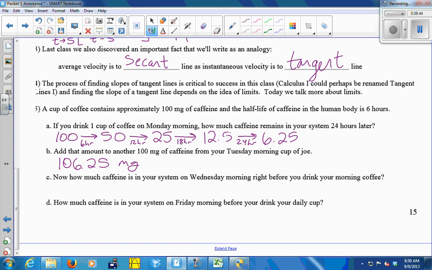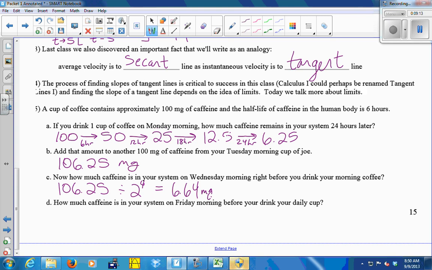Okay, so we do 106.25, and we're going to divide by 2 to the 4th, because we're halving 4 times. 2 to the 4th is 16. And that comes out to, say it again, 6.64? 6.64 milligrams. So there's a little bit more caffeine in my system Wednesday morning before my cup of coffee than there was Tuesday morning, right?